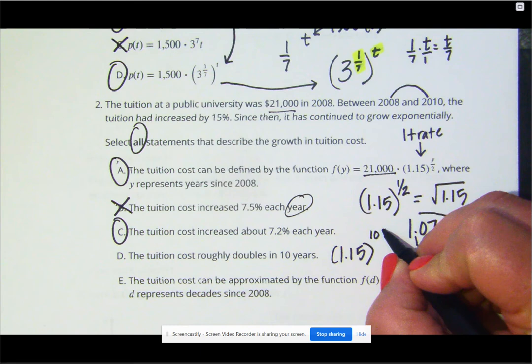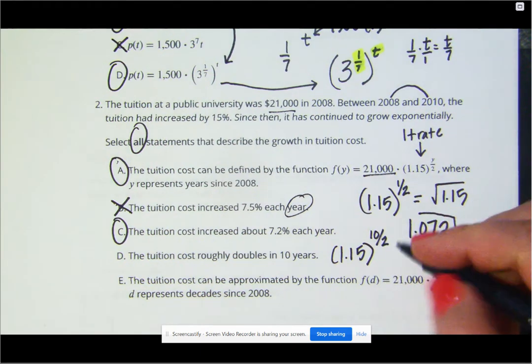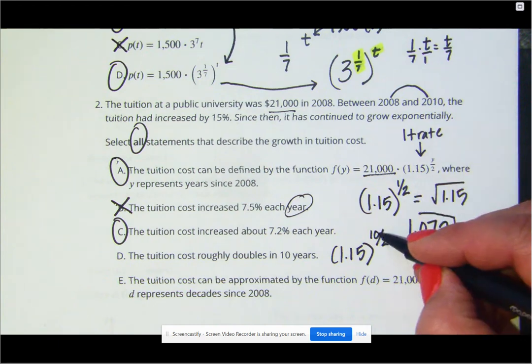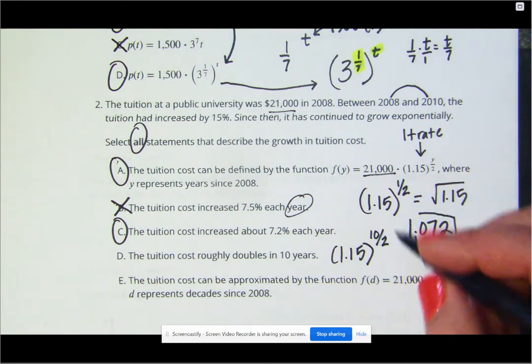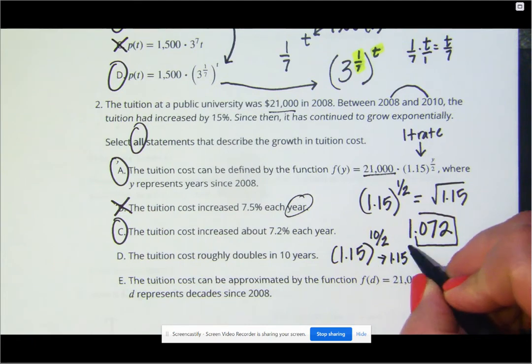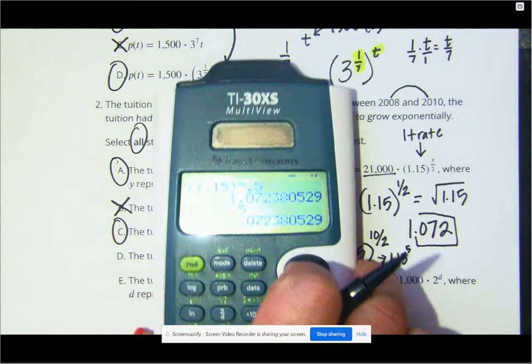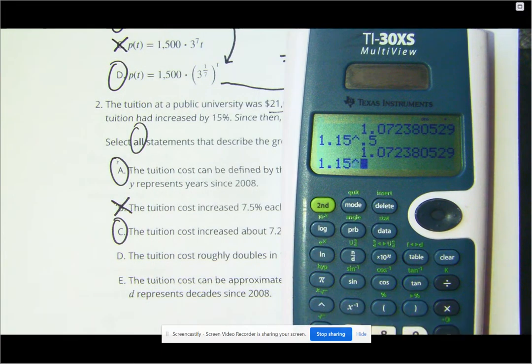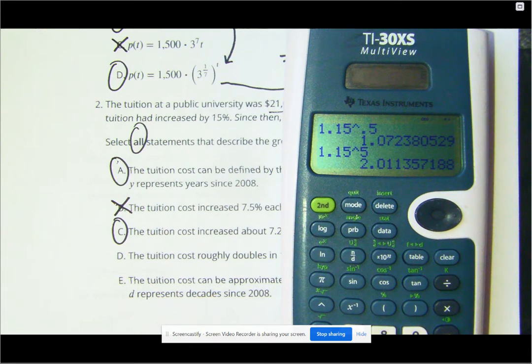So 10 over 2, right? That's the equation. Y stands for the number of years. If I want 10 years, 10 divided by 2 is actually 5. So I'm going to do 1.15 to the 5th. See what this turns into. 2.01. So pretty close to 2.